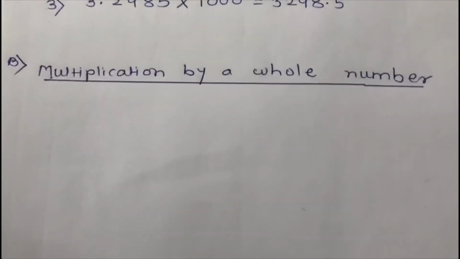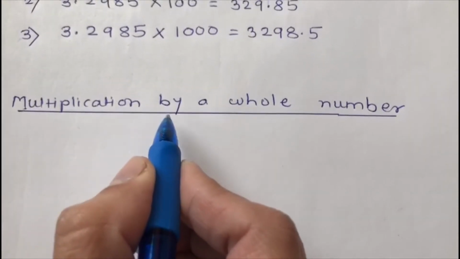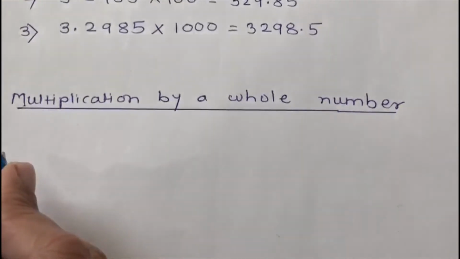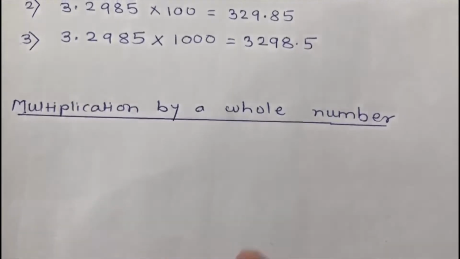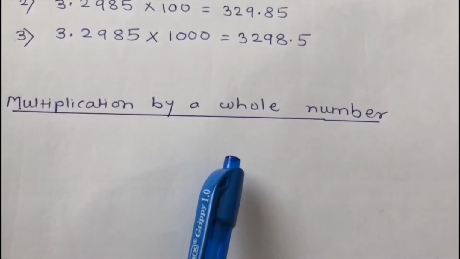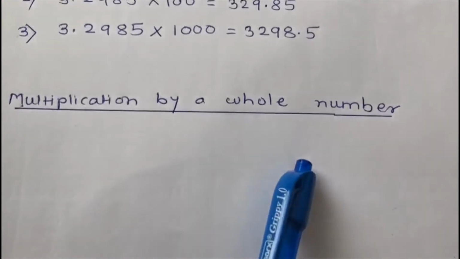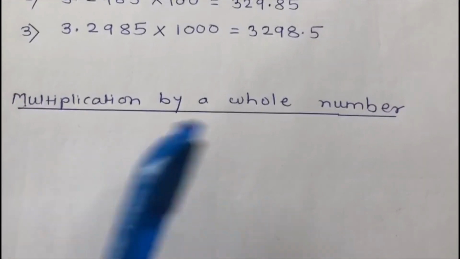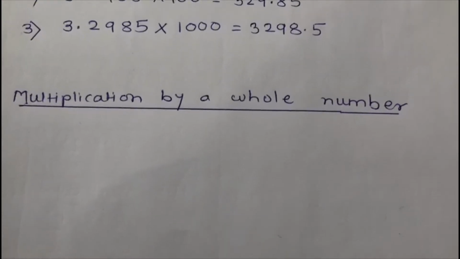Now let's see the second criteria, which is multiplication of a decimal number by a whole number. When we multiply any decimal number by a whole number, then in the product the decimal point should be fixed by counting as many digits from the right as there are decimal places in the multiplicand.